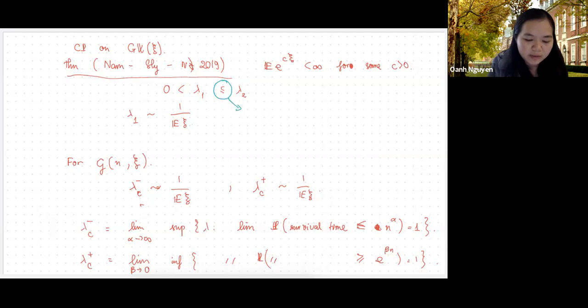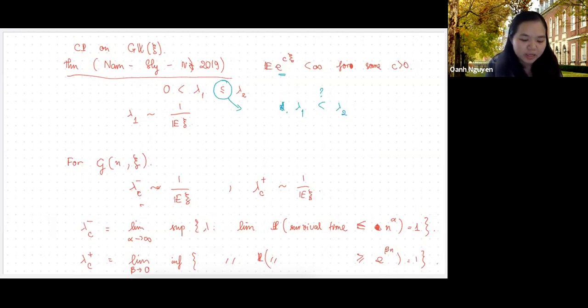Is it true that lambda 1 is strictly smaller than lambda 2? Meaning, is it true that for the Galton-Watson tree, when the random variable has an exponential tail, there exists a weak survival phase? That's the first open question.